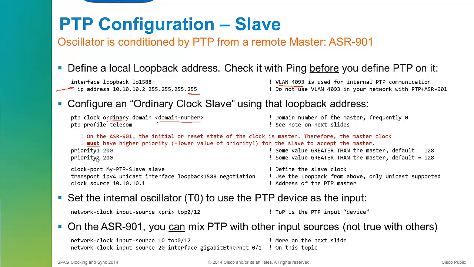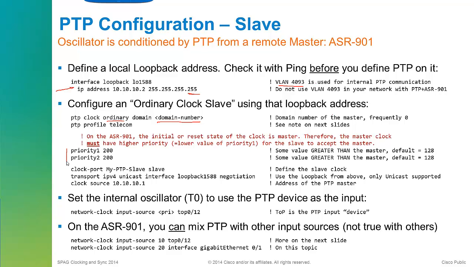The most important thing on the 901 is these priority fields, and priority 2 is not as important, even though I've got them both included there. These priority fields are sent from the master to the slave, and basically indicate the priority of a particular set of masters. The way the ASR 901 works is that when it first comes up, it comes up in master mode, and if it sees a master out there, it will say, okay, now I can become slave to this master.